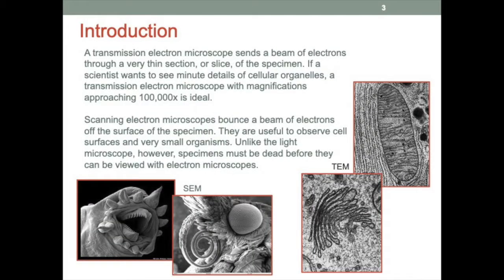Electron microscopes use a beam of electrons through a very thin section of the specimen. So you're going to have what's called a microtome, which is a very thin razor that slices the specimen into very thin sections. Usually the specimen is encased in a wax block and sliced very, very thinly.